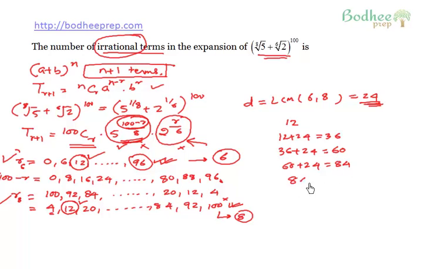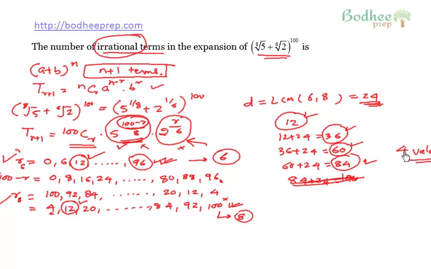Now 84 plus 24 gives 108, which is above 100, so it is discarded. So the values of r for which the expression has rational terms are 12, 36, 60 and 84, that is 4 values.